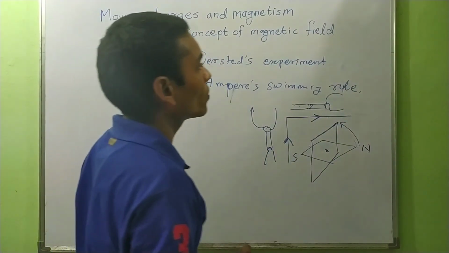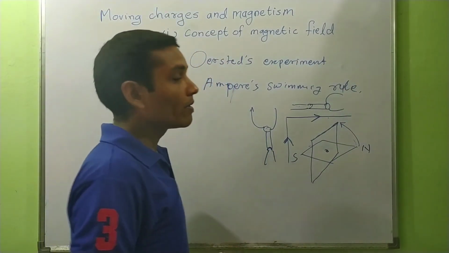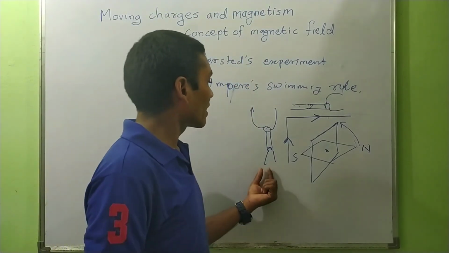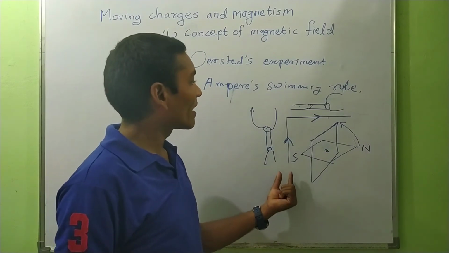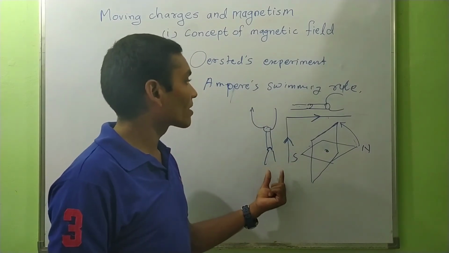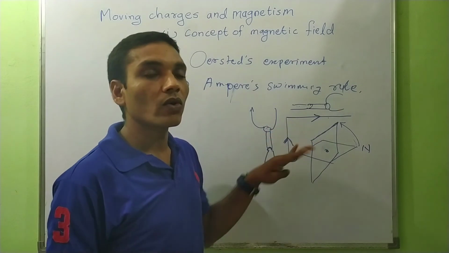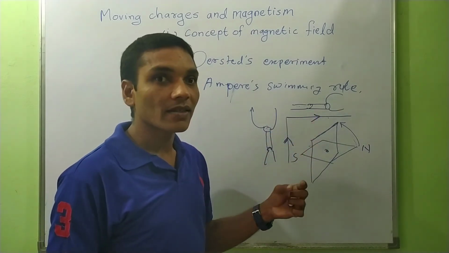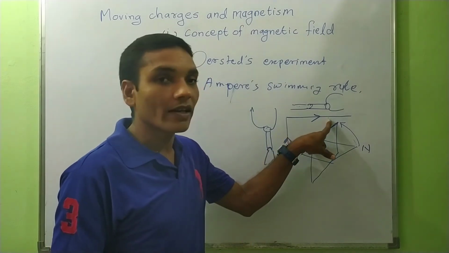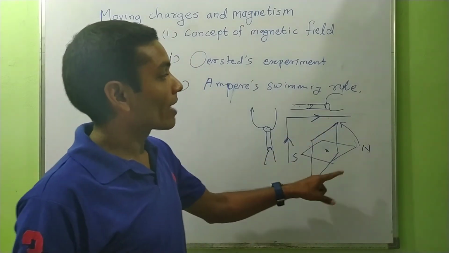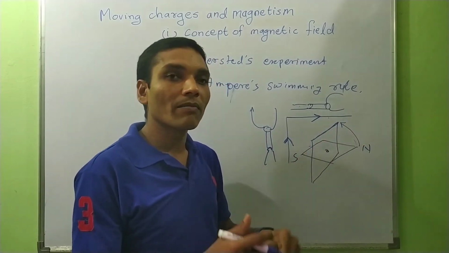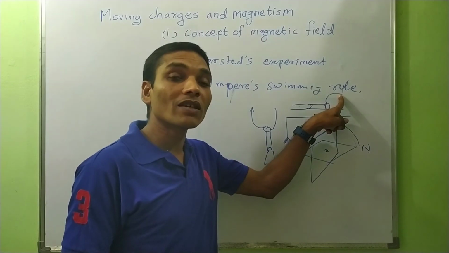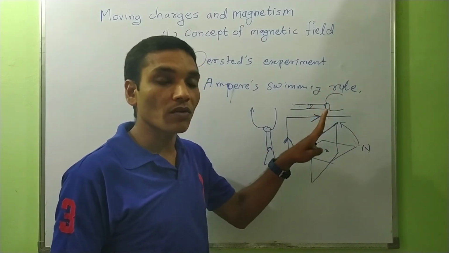According to Ampere's swimming rule, if a person is swimming along the direction of current flowing through any conductor, and his face is towards the conductor, then the deflection of the north pole of the magnetic needle will be towards the left hand side of this swimmer.